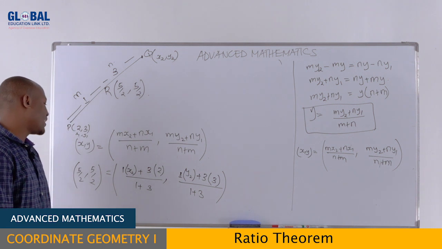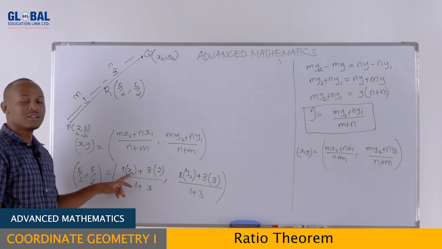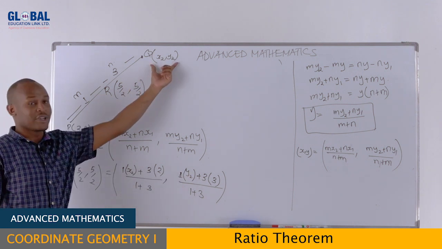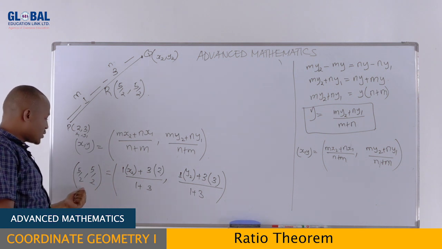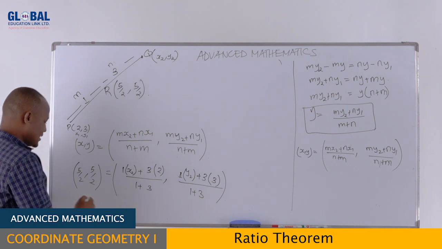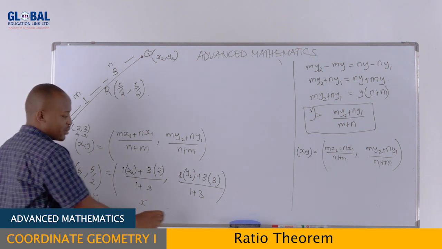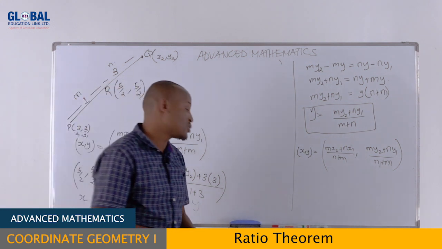So we are to find the coordinate where it lies, x2 and y2. Now we shall compare this one and that one as the x coordinate, and the y coordinate we shall compare with the y coordinate, and manipulate to get the values of x2 and y2.